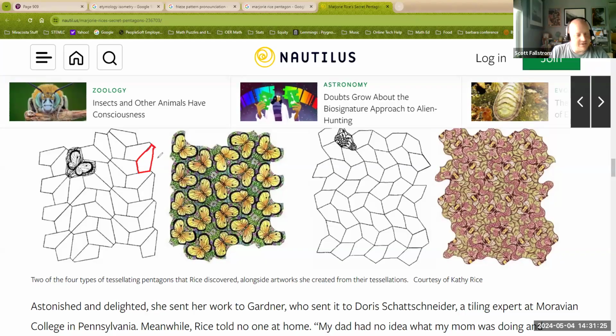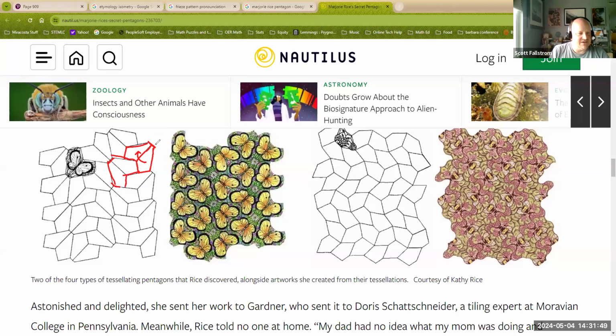So it is a pentagon. It's definitely not a regular pentagon. But when she would reflect this shape over itself to make this piece here, then that shape would fit perfectly next to it. And so she created a way to tile the plane with these tiles.